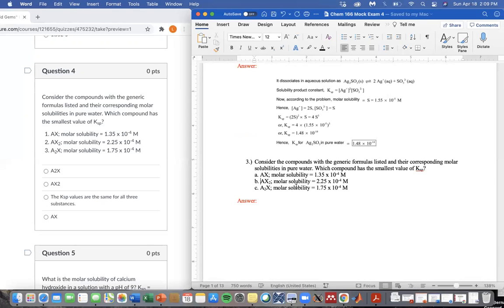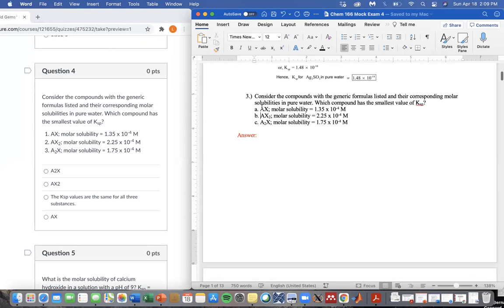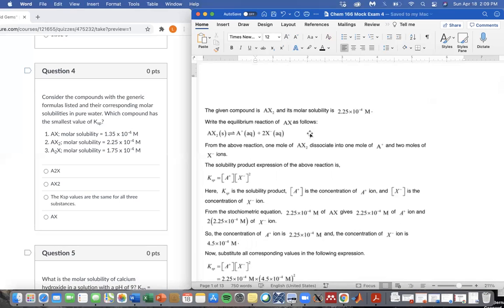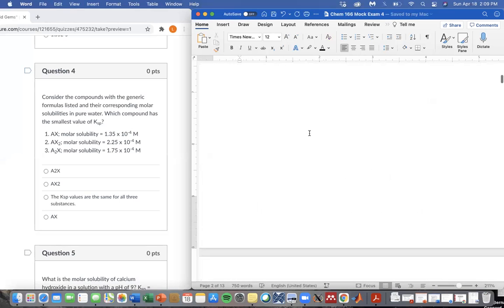It's confusing because you have 3 different formulas and also different molar solubilities. If they all had the same molar solubility, you could determine it just from the chemical formula, but with different values, you have to actually calculate it out.